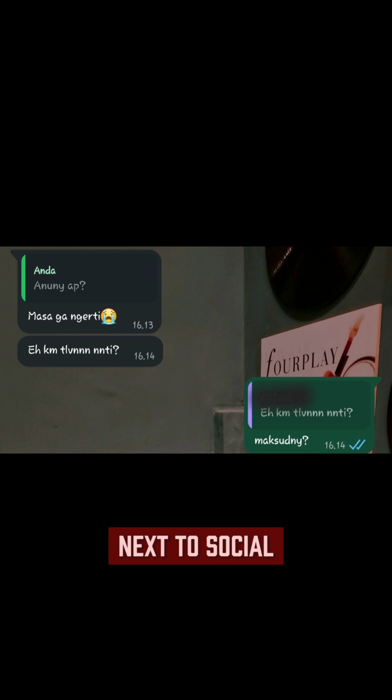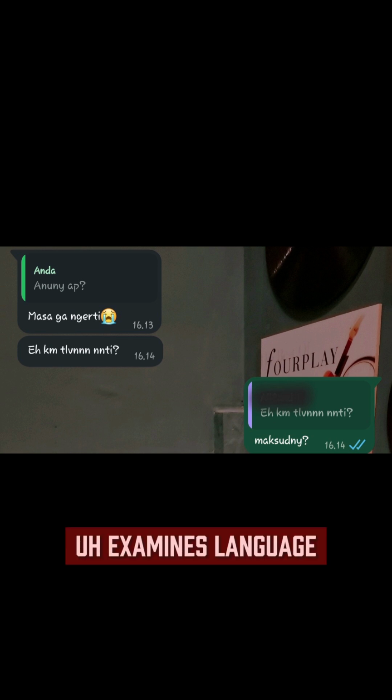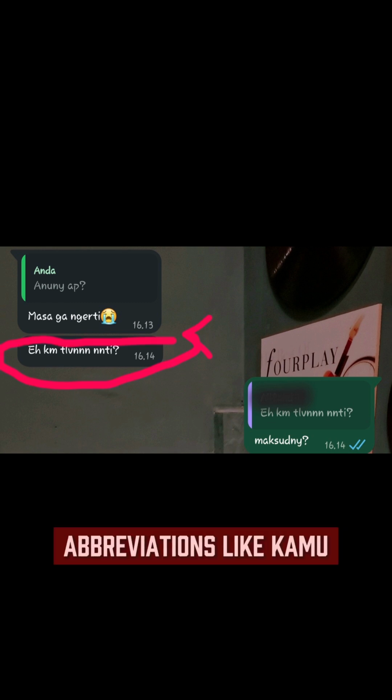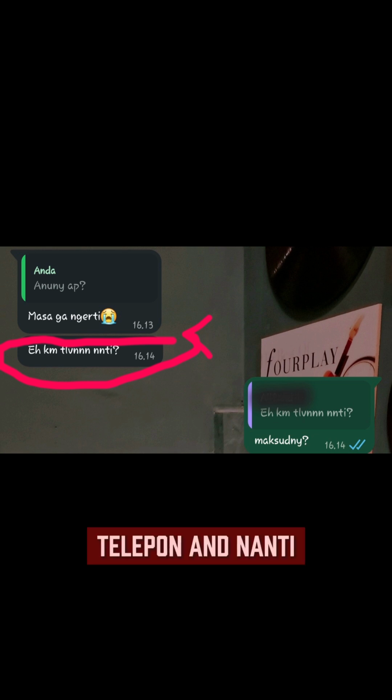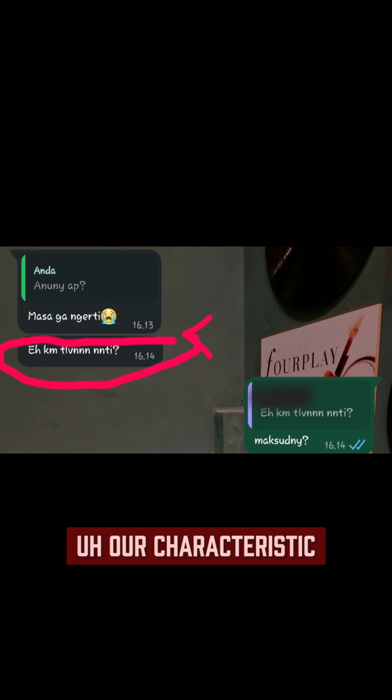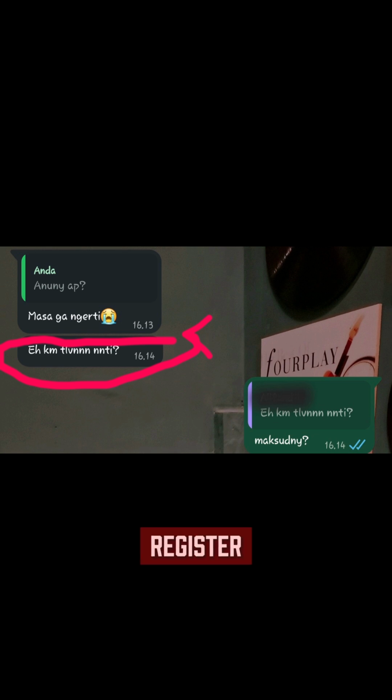Next, sociolinguistics. Sociolinguistics examines language choice based on social context. The use of abbreviations like kamu, telepon, and nanti are characteristic of the informal register.